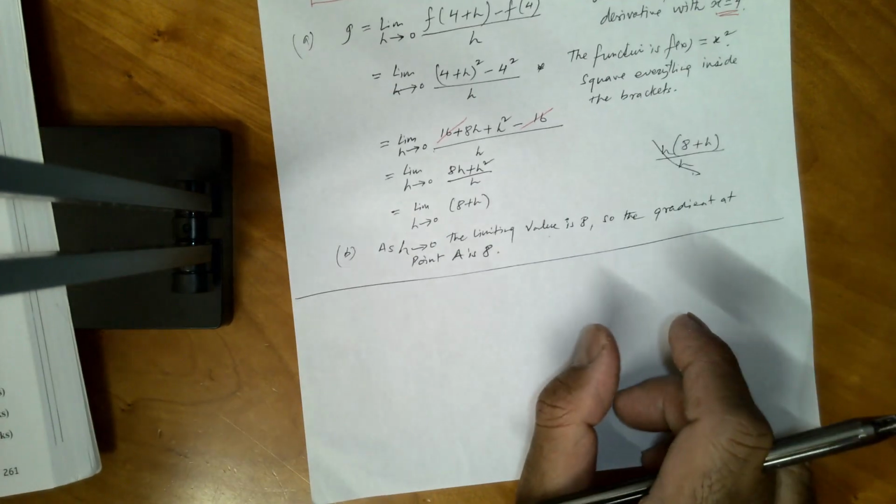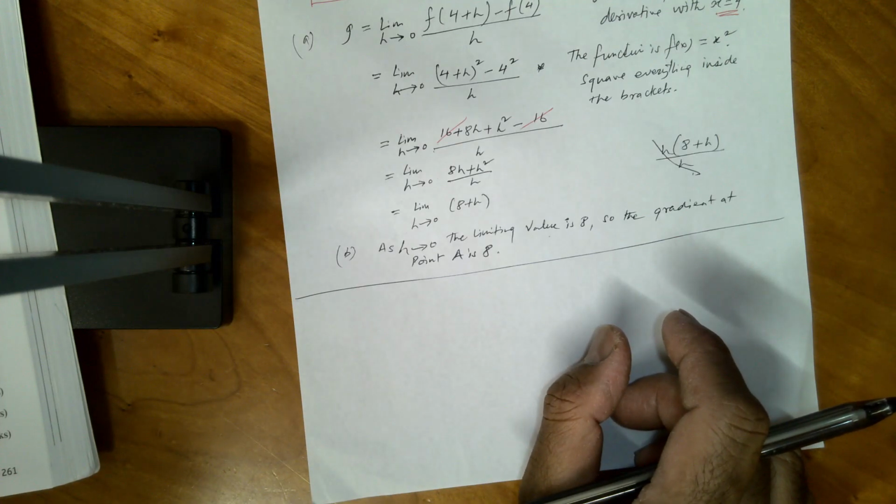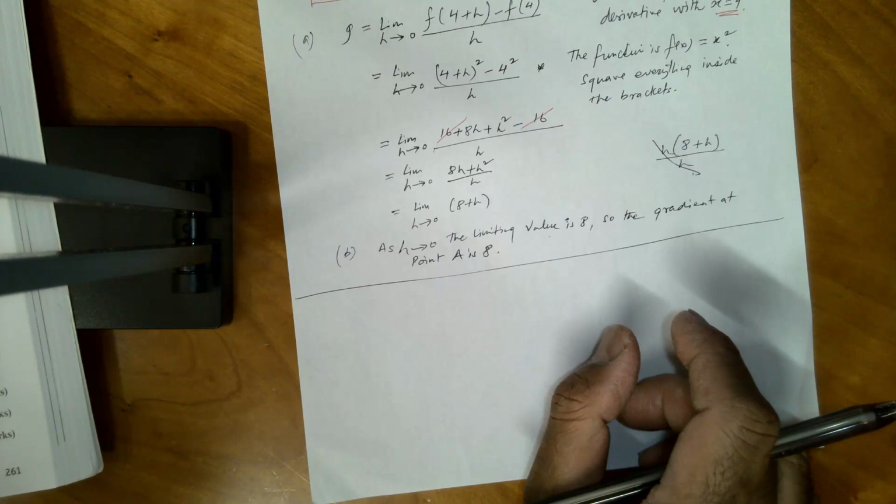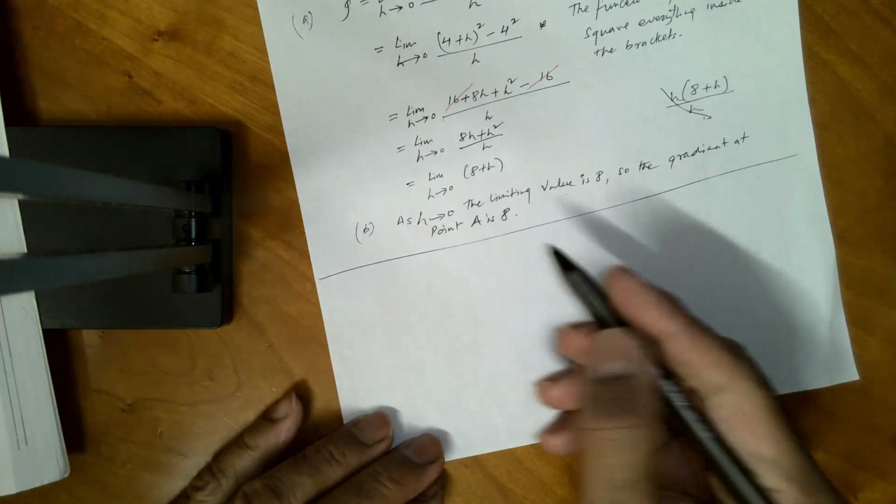In this one, we'll say: prove from first principles that the derivative of x cubed is 3x squared. Let me write it down here for you.